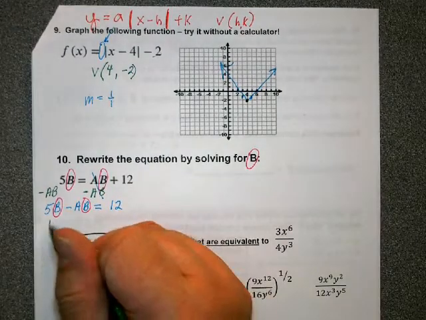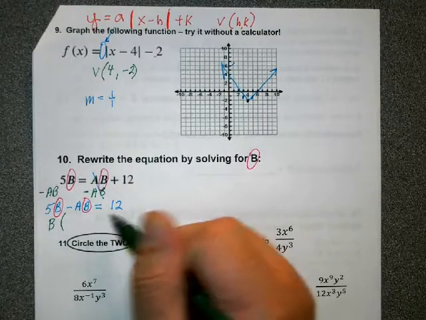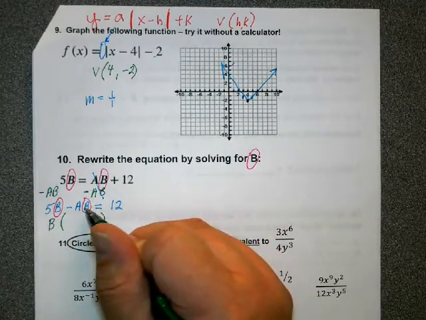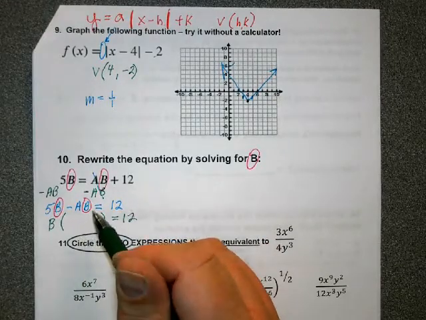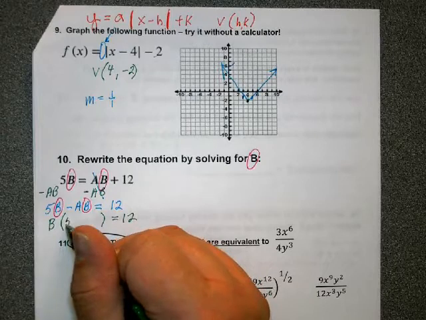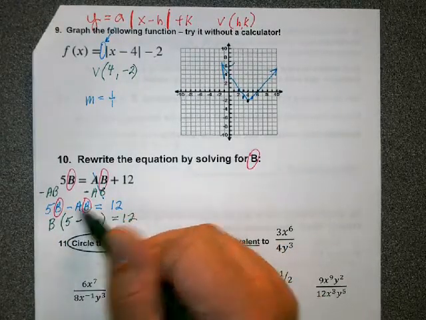So if I took 5b and divided by b, but I have to do it to both terms, right? So what did we call this? Do you remember? Undistribute. AB, we're dividing out the b, I'm left with a.